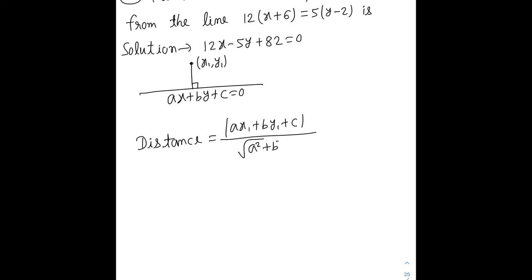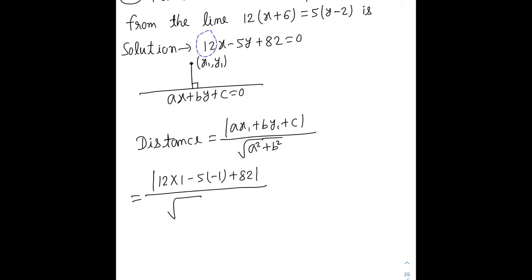So if we apply this formula, then we'll get mod of 12 into, in place of x you need to substitute minus 1, and in place of y plus 1. So we'll get 12 into 1 minus 5 into minus 1 plus 82 divided by root under. Now a and b are nothing but the coefficient of x and y.